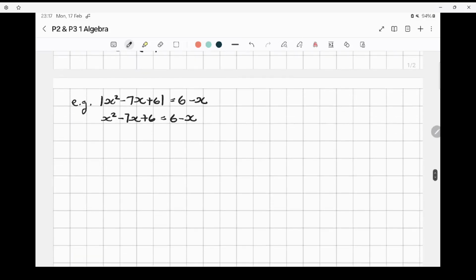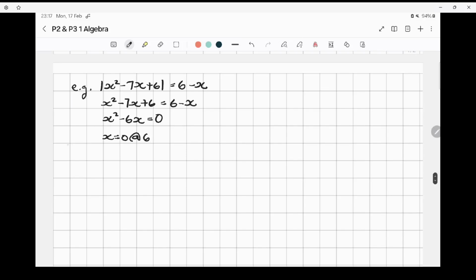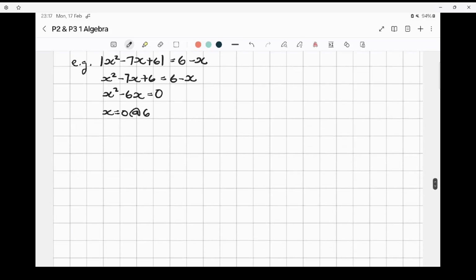So you try to simplify the equation, you get x squared minus 6x equals 0. So in the end, this equation gives you x equals 0 or 6. Now let's leave the solution for the moment and study the other parts of the piecewise function.